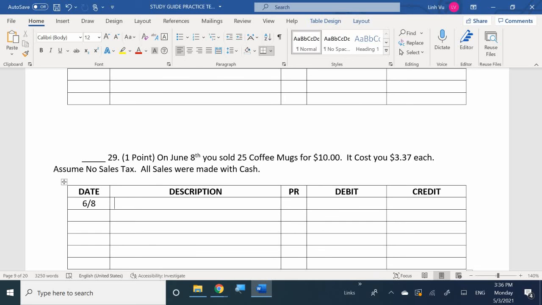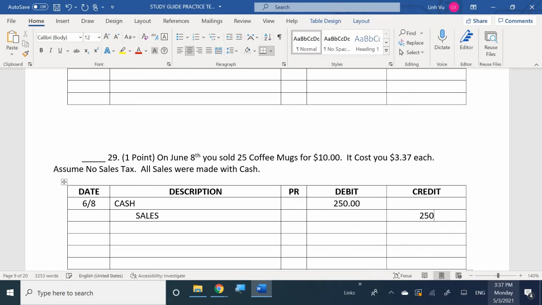Cash, right? I sold it and I'm receiving cash out of it. And then sales. Good, right? If each coffee mug I sold for $10 each, what is my total amount that I sold? 250.